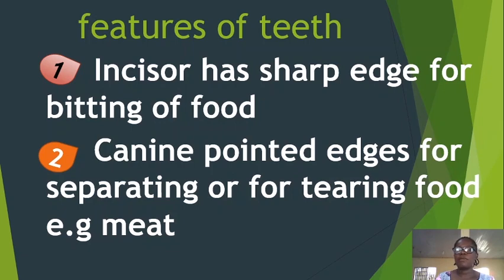The incisor has a sharp edge for biting of food. The canine has a pointed edge for separating or tearing food, for example meat. And the canine comes immediately after the incisor.